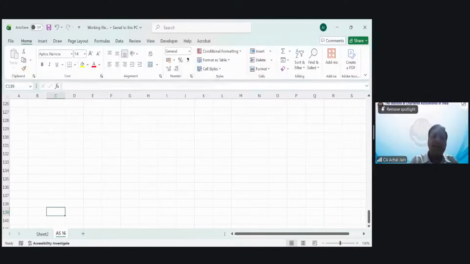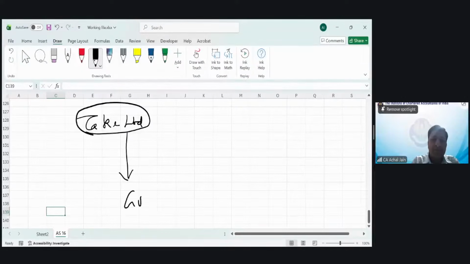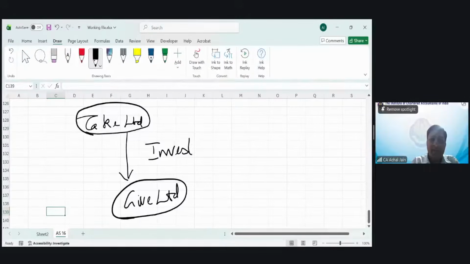Let's suppose Take Limited has invested in shares of a company. There is an investment which Take Limited has done in the shares of Give Limited, amounting to anything.